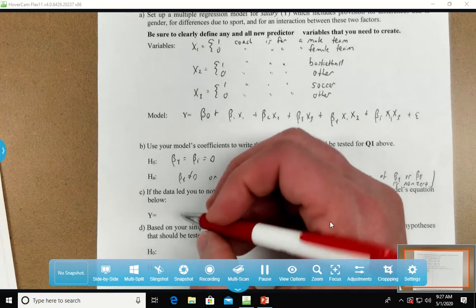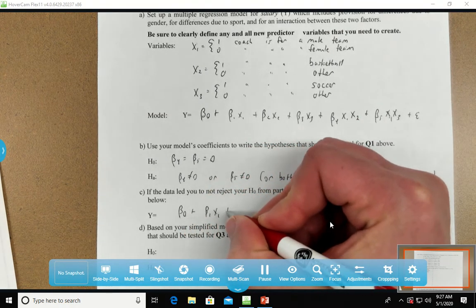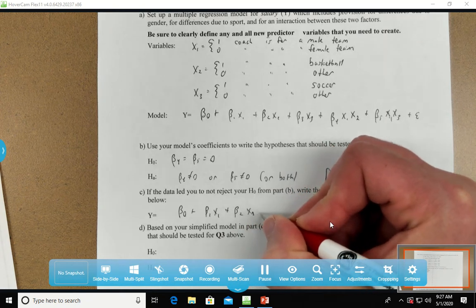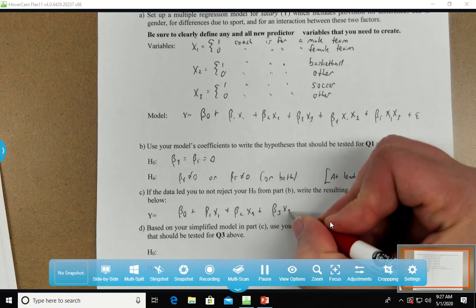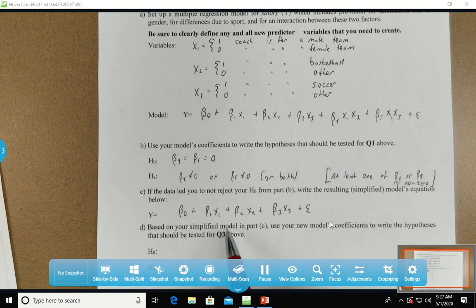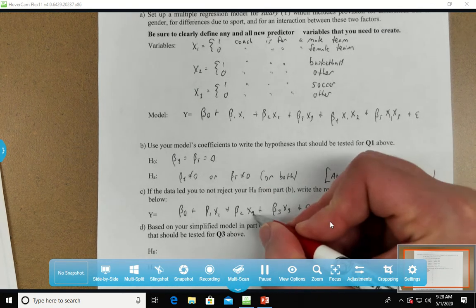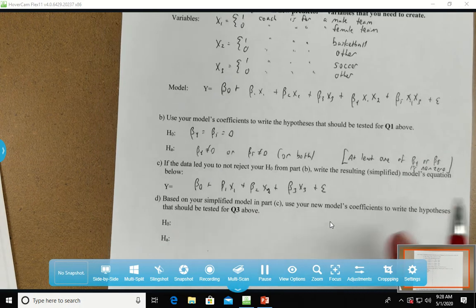Beta 4 and beta 5 would both be 0. So beta naught plus beta 1 x1 plus beta 2 x2 plus beta 3 x3 plus epsilon. That's our new model. When we go to our new model to determine the main effects, we get rid of our interaction terms, and then we can determine whether there are main effects.